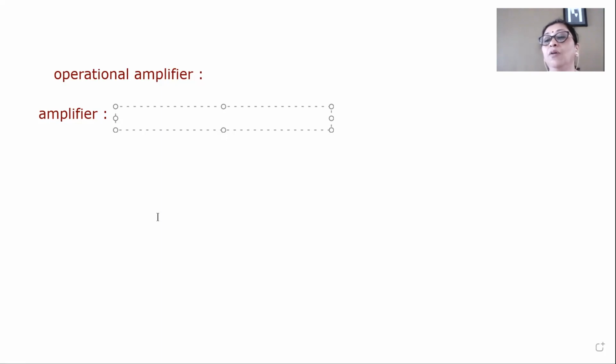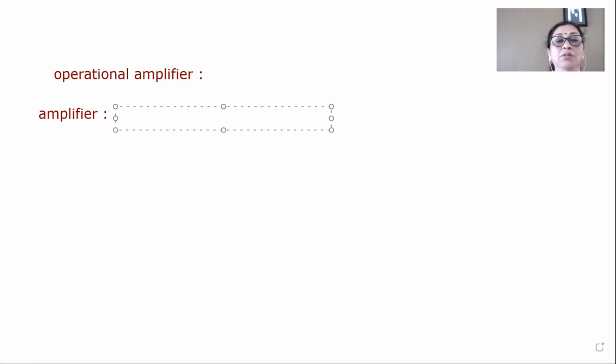And when analog computers were there, the operational amplifiers were used to perform the mathematical operations. Therefore, this type of amplifier was called an operational amplifier. Okay, so now you came to know what an amplifier is and what an operational amplifier is.